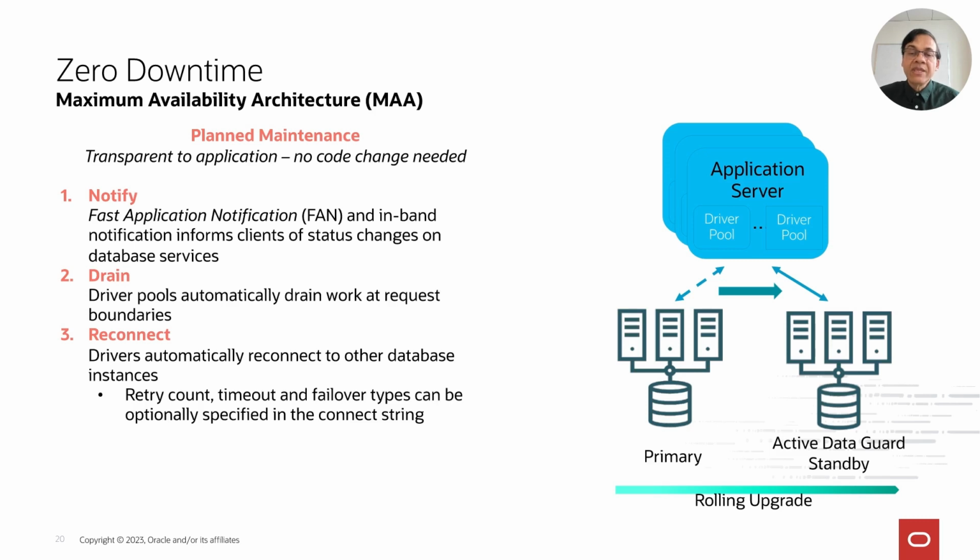What it means is that it will wait for the current request to complete and then disconnect from the server to make sure that there is no unfinished work within the current request. And once it is done, it will reconnect. And when it reconnects, it will go to another instance which is up and running. Using these mechanisms, the planned maintenance is completely hidden from the application, and the application can continue to run without being aware of any disruption on the server side.